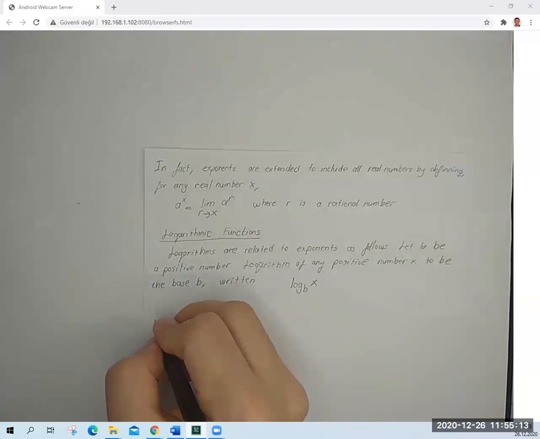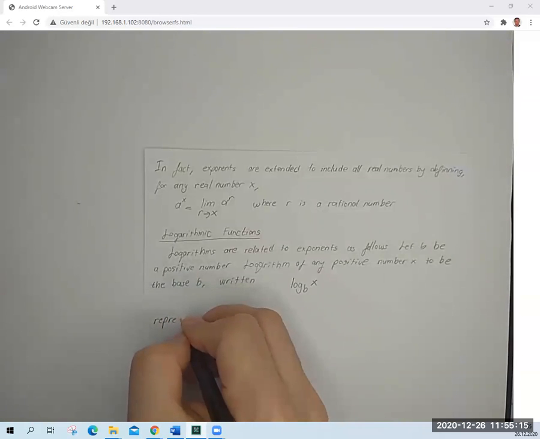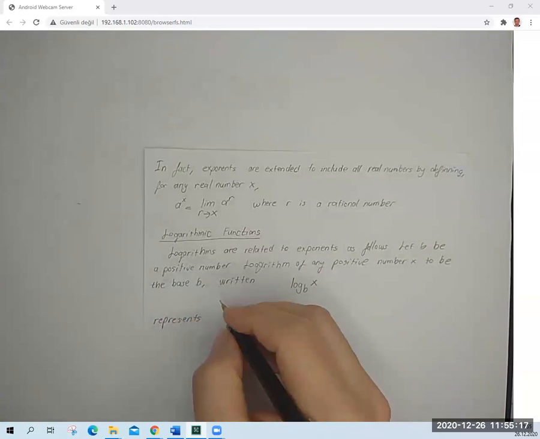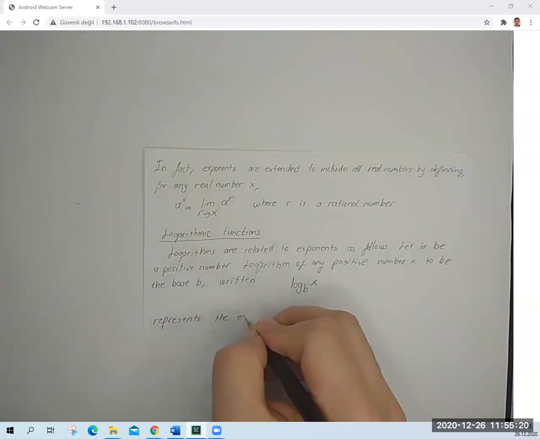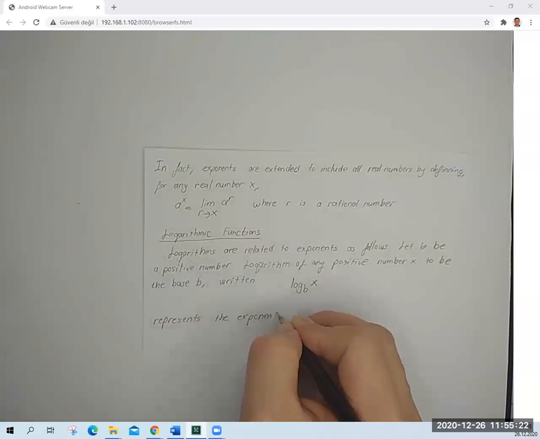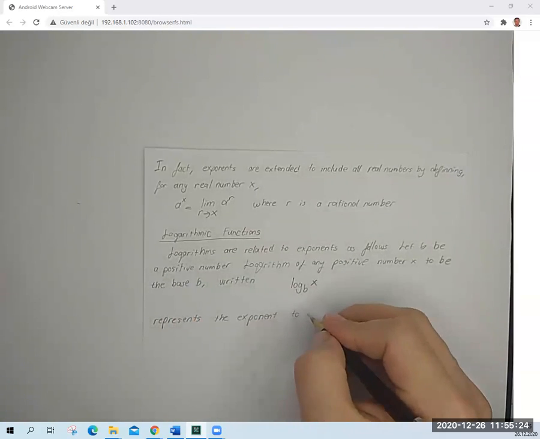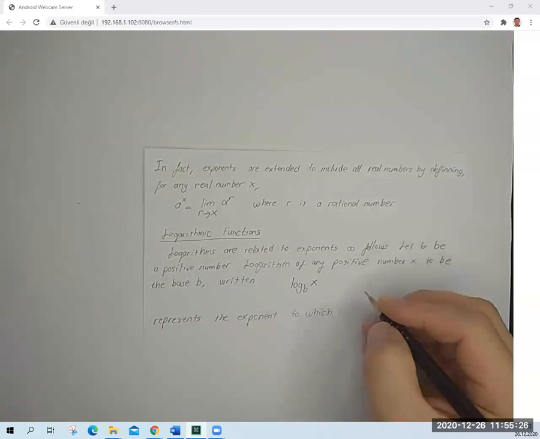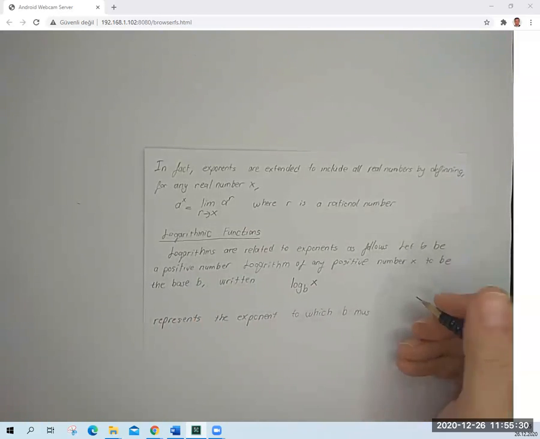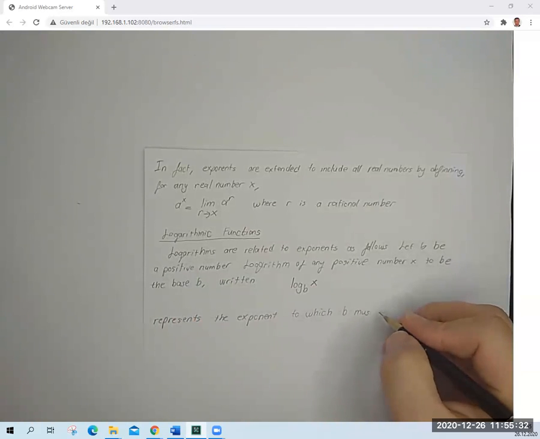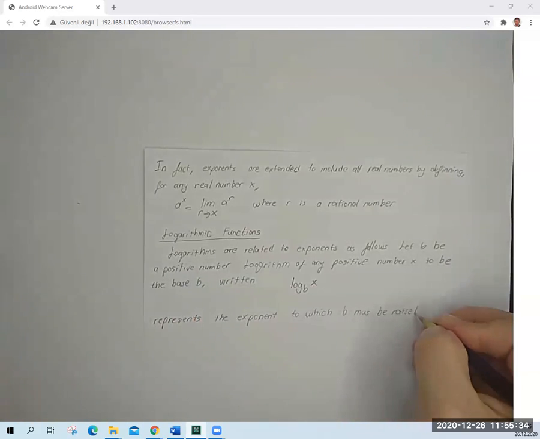So this represents the exponent to which b must be raised to obtain x.